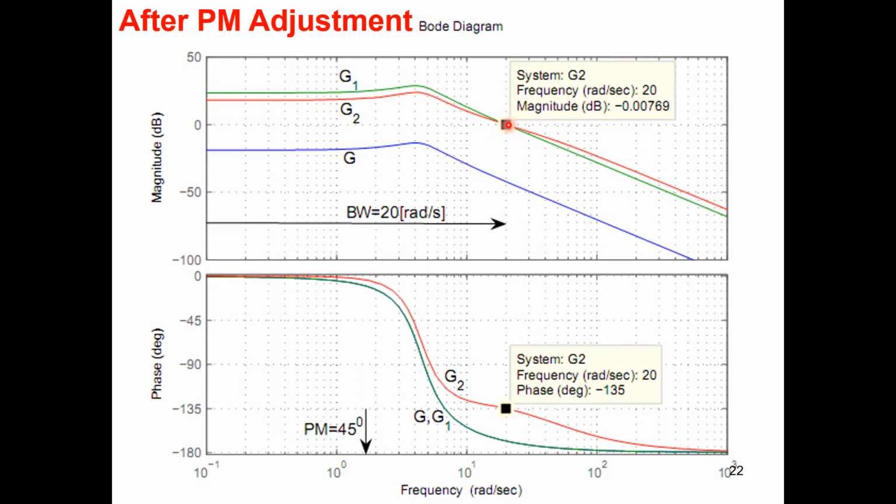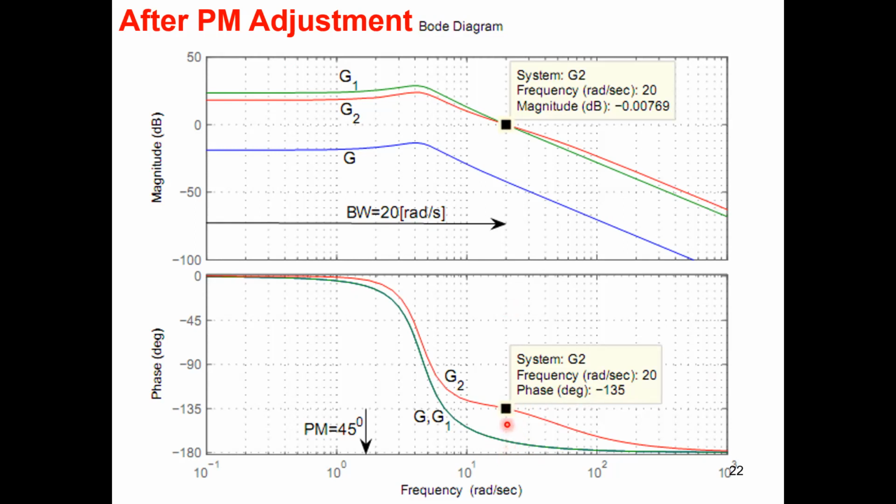There's no change there. But if you come down to the phase plot, you can see it was way down over here at 20 radians per second, 168 degrees. But now you have lifted it up. It's over here. And now the phase is 135, which means you have another 45 degrees to the 180 degree level. Okay.